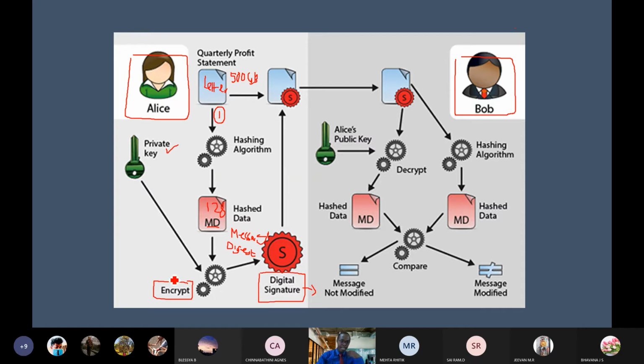If someone gets the encrypted data, they may want to modify it, so you put the digital signature along with the certificate. The message is now sent along with the digital signature, and this is received as input by Bobby. Bobby does the decryption using the public key to see if the data is correct.